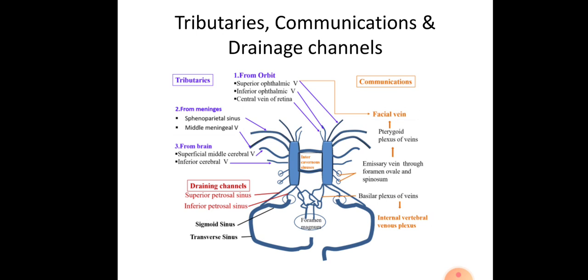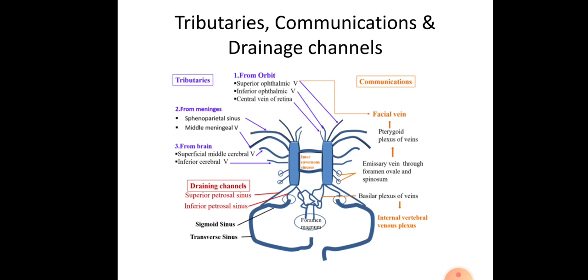So you should know that the transverse sinus continues as the sigmoid sinus, and the sigmoid sinus goes out through the jugular fossa as the internal jugular vein. I hope you have seen the internal jugular vein when you did the dissection of the neck. You can take that internal jugular vein as a continuation of these dural venous sinuses.